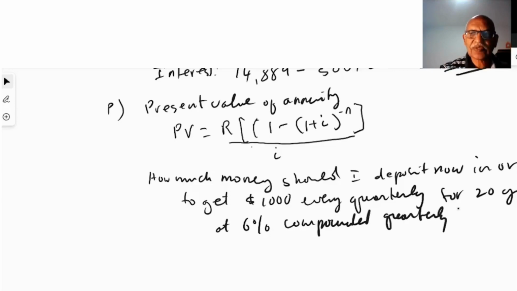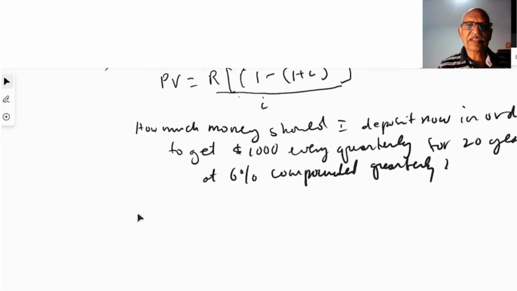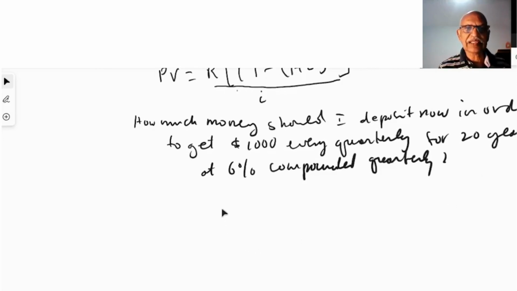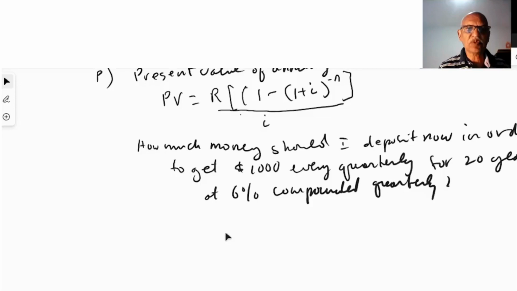So let's understand the question. The question says, I would like to have $1,000 every 3 months for 20 years. So in order to get that, how much money should I deposit now?